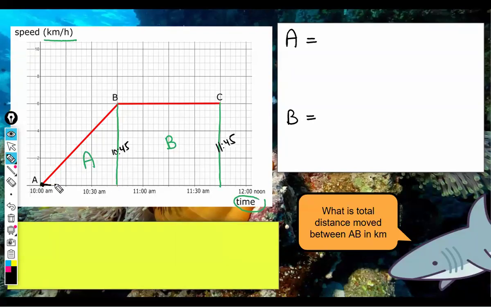Look at the base here of the triangle. If here is 10 o'clock and it ends at 10:45, right? Isn't that 45 minutes? Isn't that 3/4 of an hour? From 10 a.m. to 10:45, that's 3/4 of an hour. I'll make some space there.